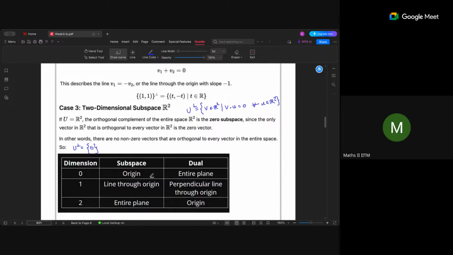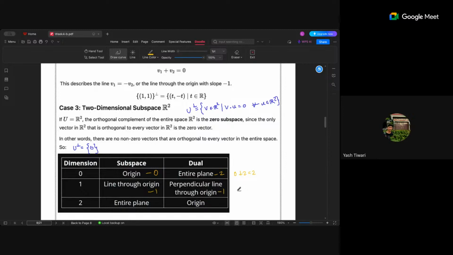Now what is the relation between the dimensions of these two spaces? What is the dimension of this space? 0. And of this? 2. So 0 plus 2 is 2. Now this space? 1. And this one?